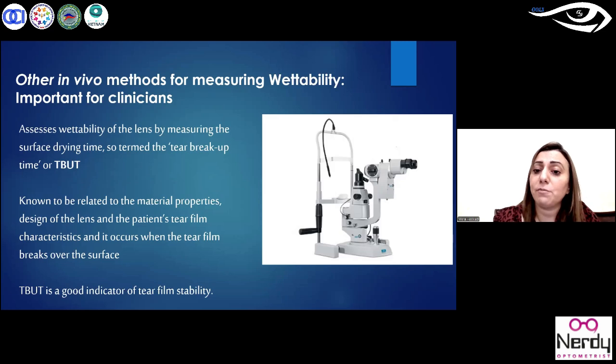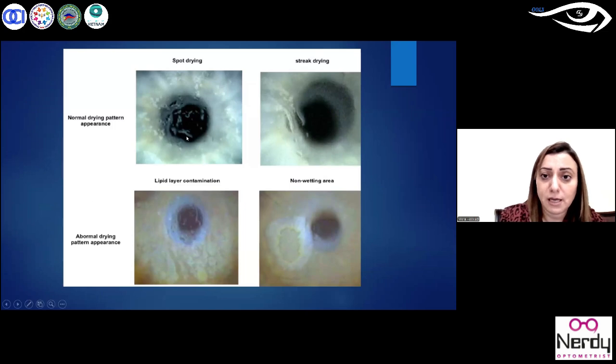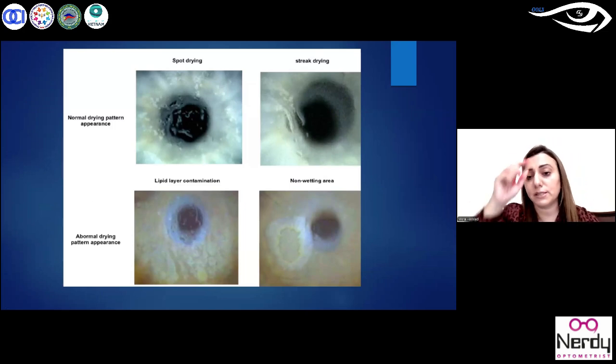So you measure the time between the last blink and the occurrence of the first either spot drying film or streak drying. When they appear, you stop counting, and this is the time.